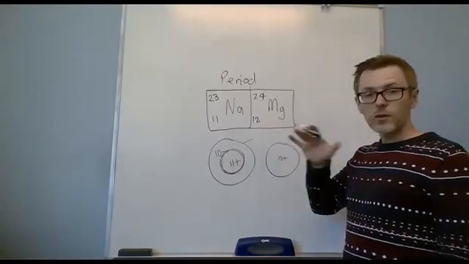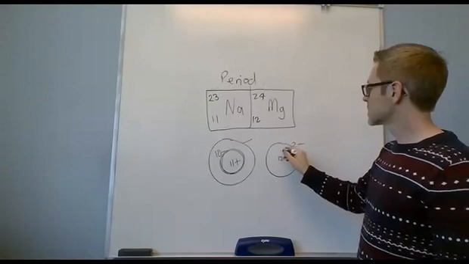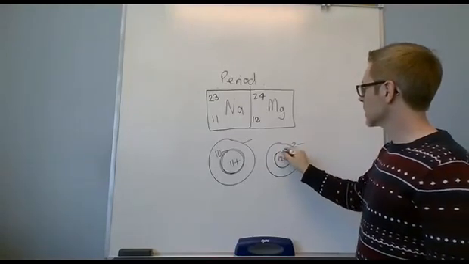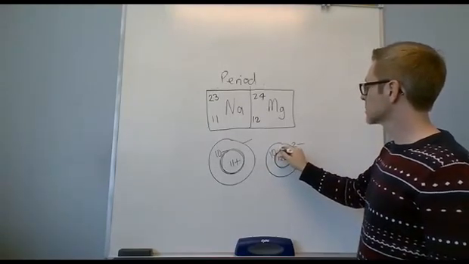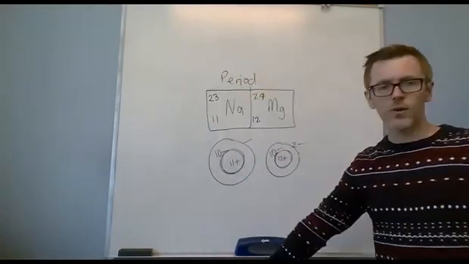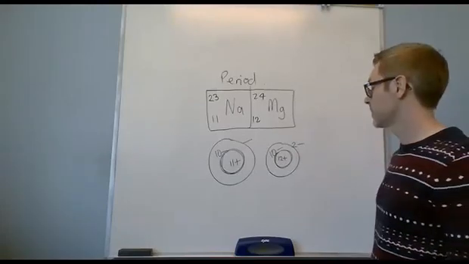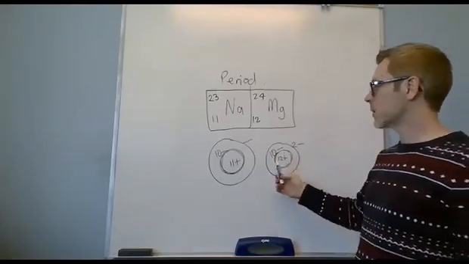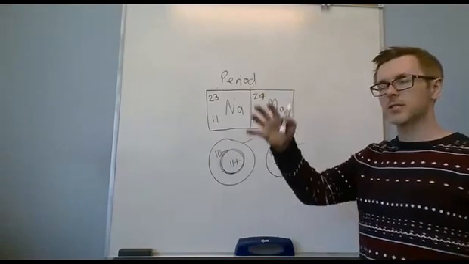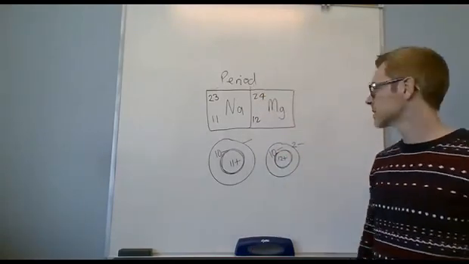It's in group 2, so it has 2 valence electrons. So it likewise has 10 core electrons. You'll notice the core got thicker down a group, but the core doesn't change across a period. That's a key difference. What's changing now is not the core.